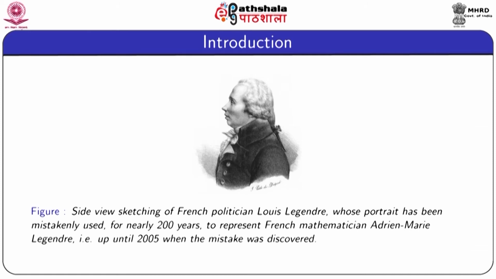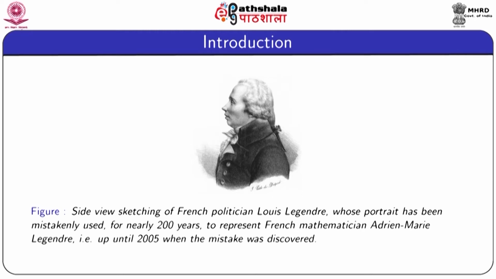The picture which you are seeing is not of the mathematician Legendre. For 2 decades, this picture, which is of a French politician Louis Legendre, was assumed to be the picture of the mathematician Legendre. And for 200 years, we took this politician as our French mathematician A. M. Legendre, till 2005, when the mistake was discovered.